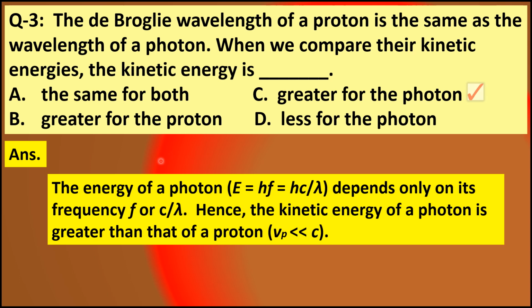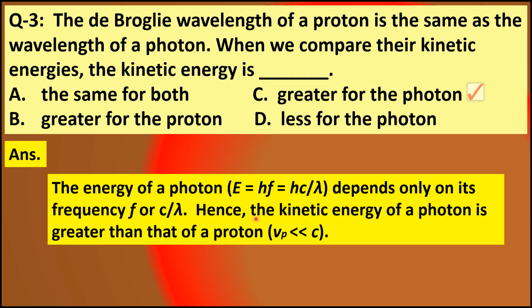We say so because the energy of a photon is expressed as E = hf, or the product of Planck's constant times the speed of light divided by the wavelength lambda. This energy depends only on its frequency f, or the speed of light divided by lambda.